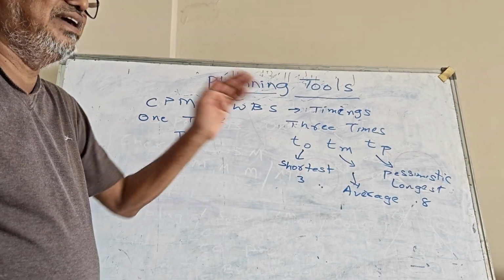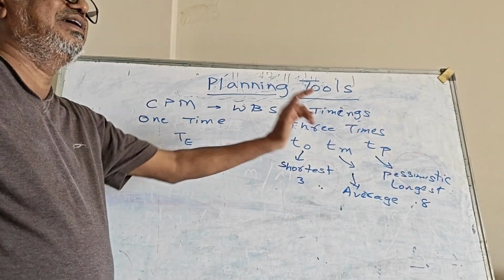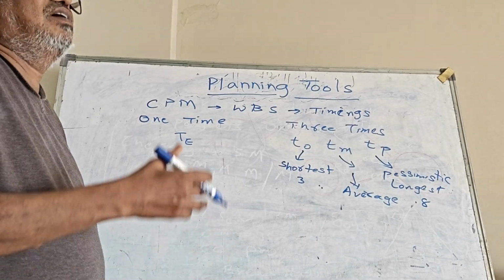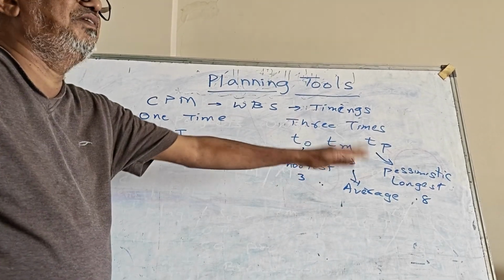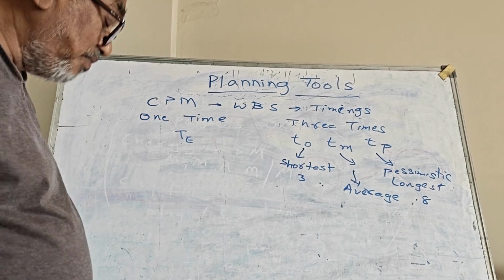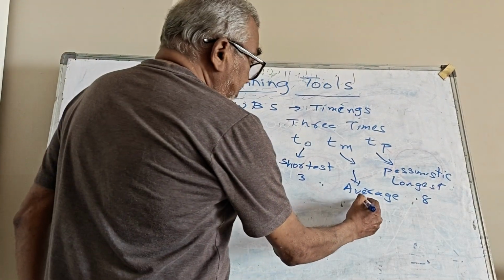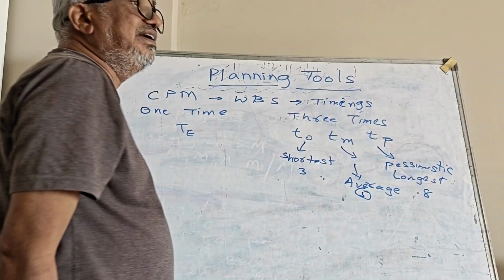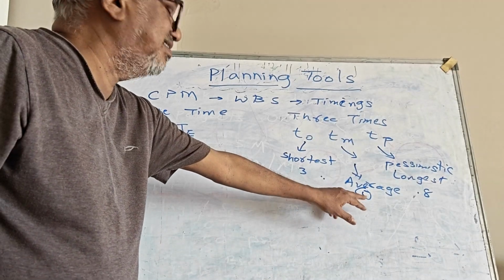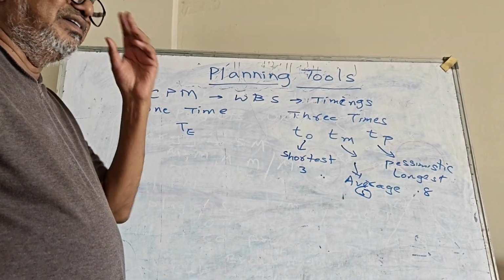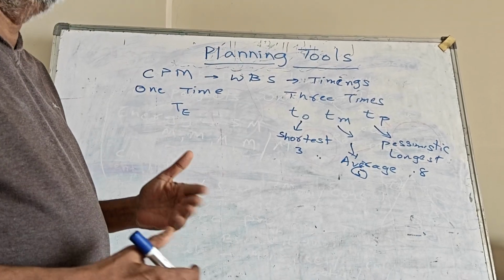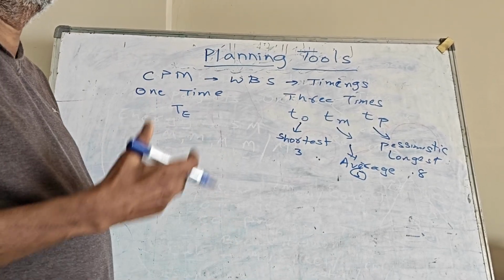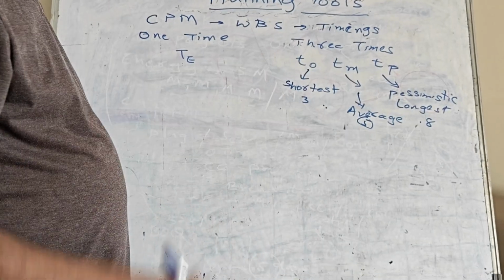So he will have an idea: this activity can be completed in 5 days, or maximum maybe 4 days or 3 days. 3 days is the shortest, so it will be 5 days, for example. So probably this 5 can be taken as the most likely time. This 5 days is in the mind of the engineer, who thinks this activity will take this much time based on his experience, calculation and workout.